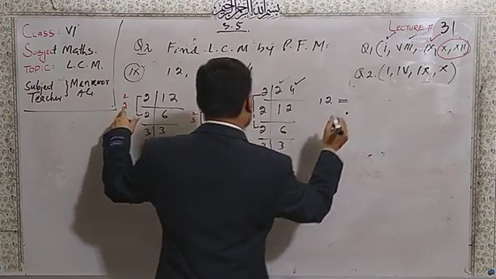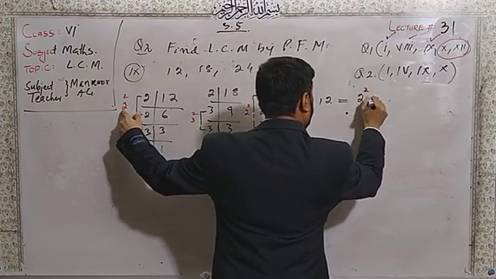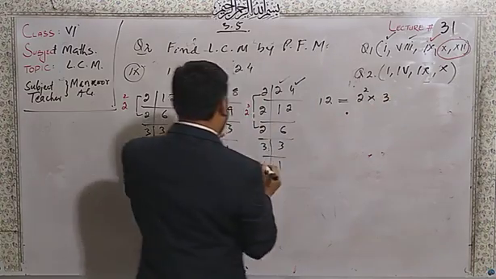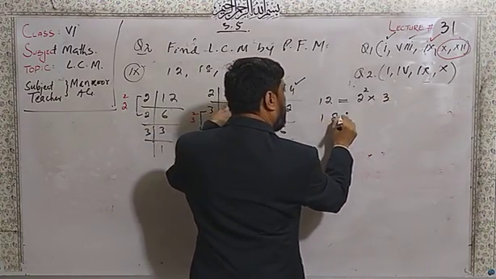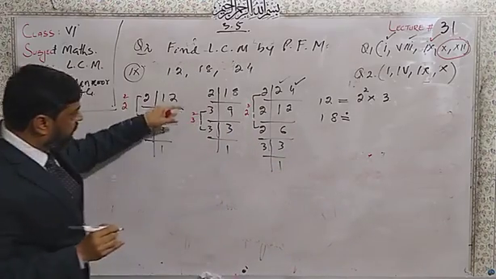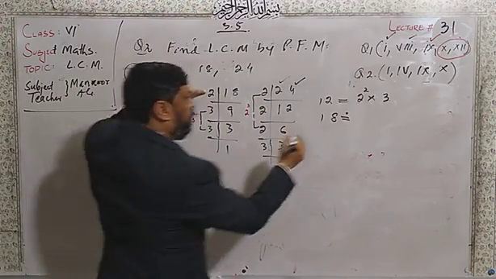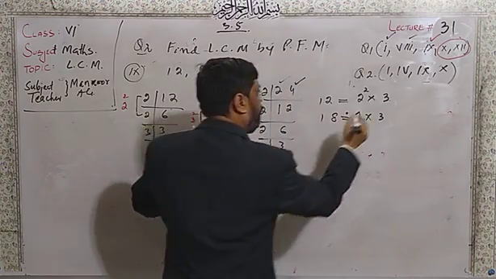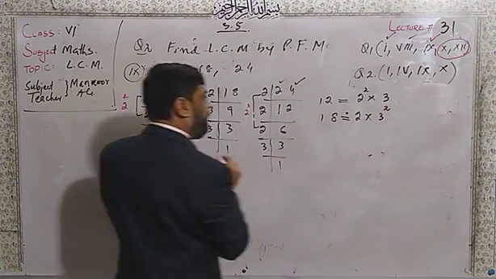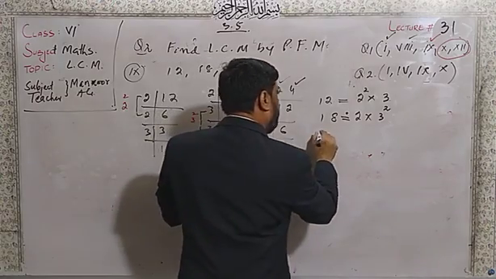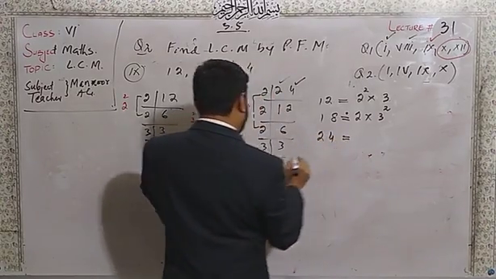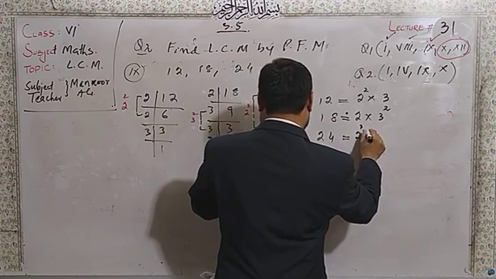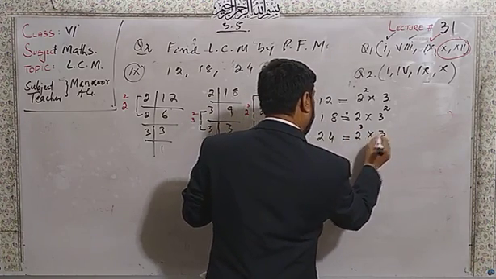Its factors are 2 power 2 multiplied by 3. After that 18: 2 multiplied by 3 power 2. Then 24, it is equal to maximum power 2 power 3, and then 3 here.